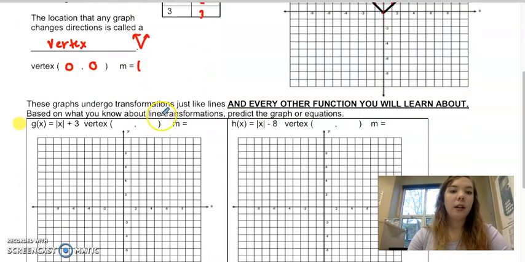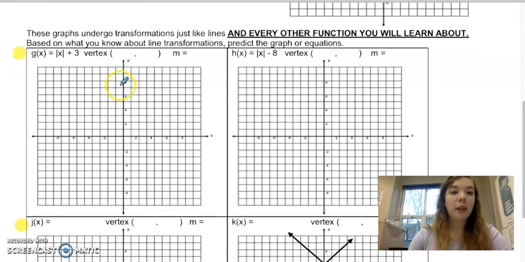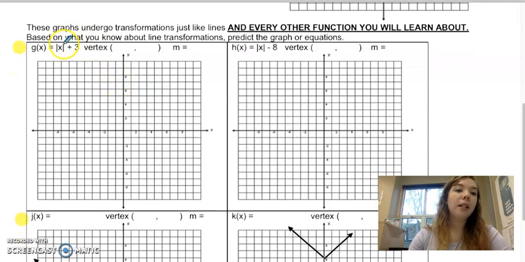Okay, so here, these graphs undergo transformations just like lines and any other function we'll learn about. So based on what we know about transformations, predict the graph or equations. So here, it's whatever my value is plus 3. Okay, so really what that means is, if I plug in a 0, I'm going to have 0 plus 3 is 3.